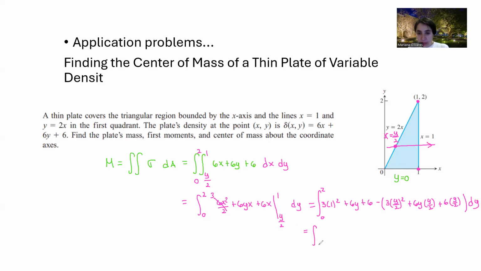So if we simplify a little bit this, we're getting a 3 plus a 6y plus 6. From here, we're getting a minus 3/4 of y squared. From here, we're getting a minus 3y squared.